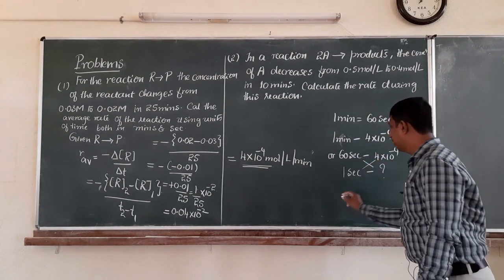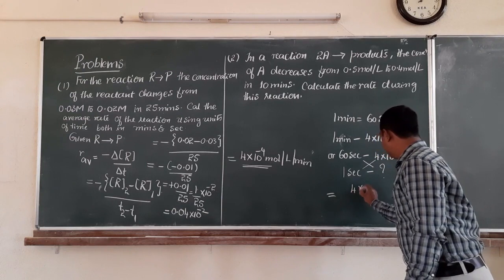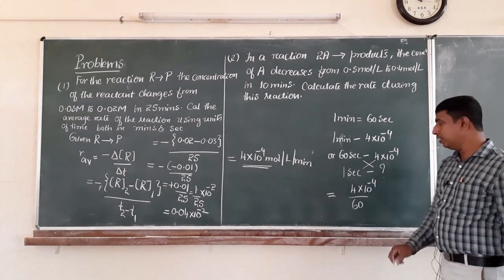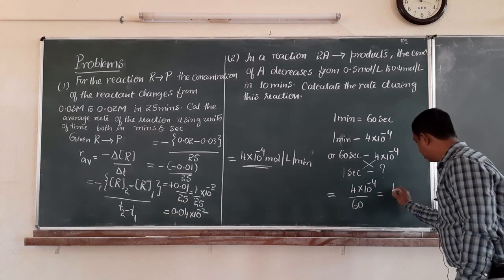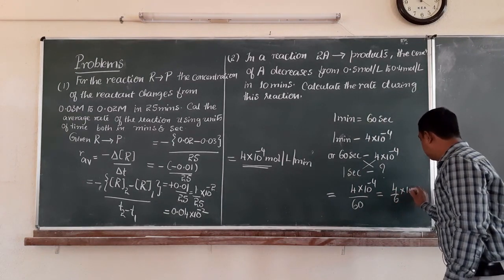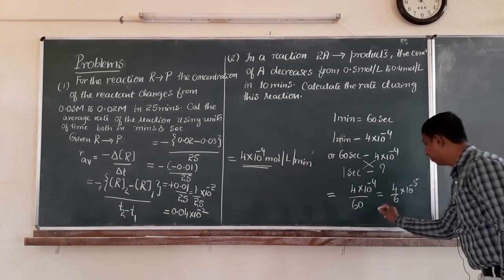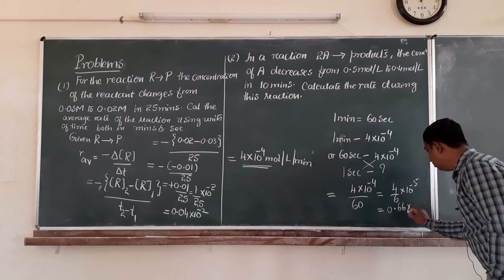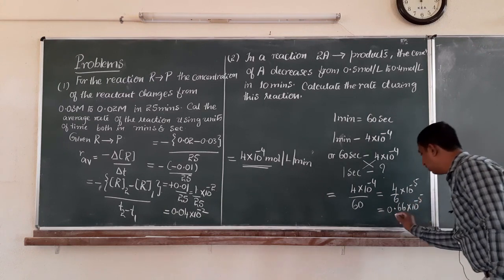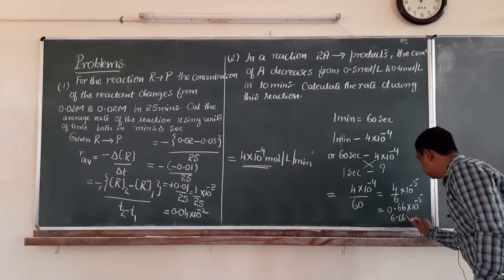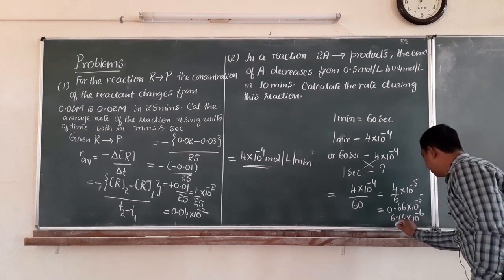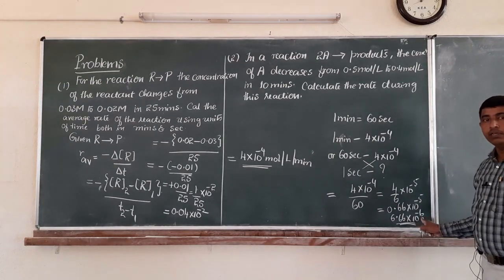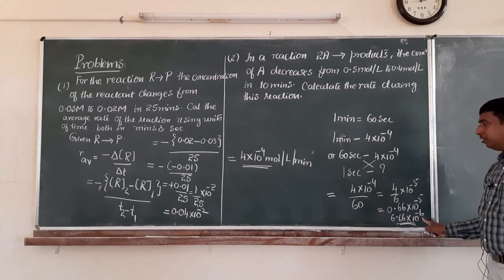Cross multiply, it is equal to 4 into 10 to the power minus 4 by 60, or it is 4 by 6 into 10 to the power minus 5. 4 by 6 it is 0.66 into 10 to the power minus 5, or it is 6.66 into 10 to the power minus 6. What is the unit? It is mole per liter per second.